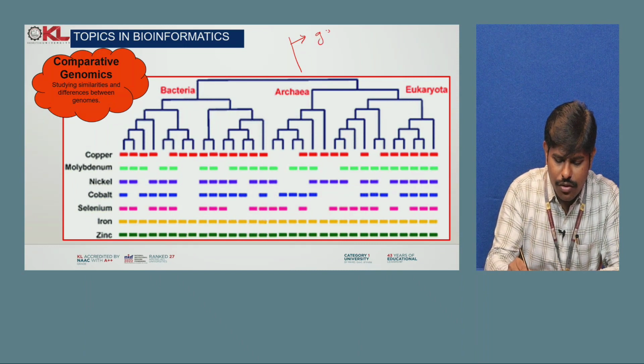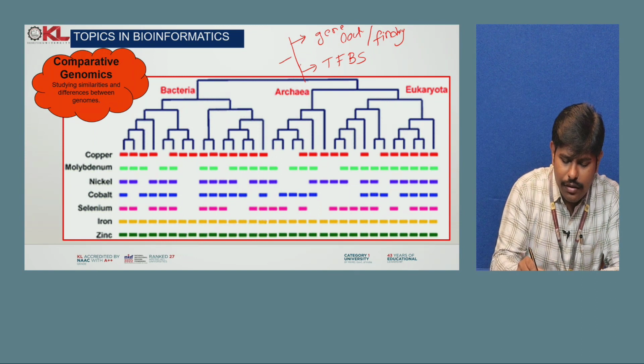So it can tell about gene locations, or you can find out genes which are present in a novel genome or newly sequenced genome, and you can find out transcription factor binding sites, and then you can construct phylogenetic trees.